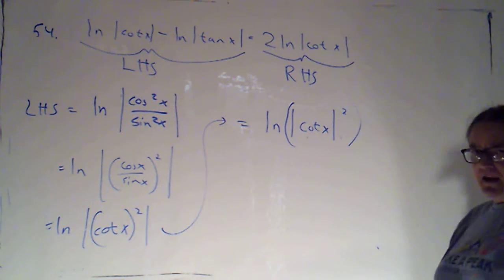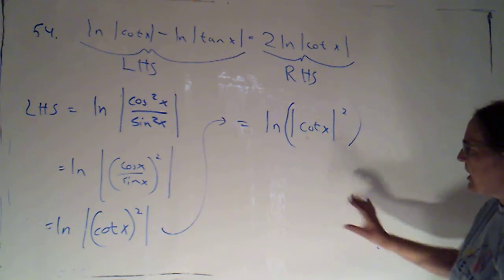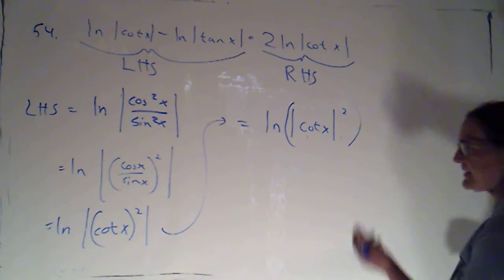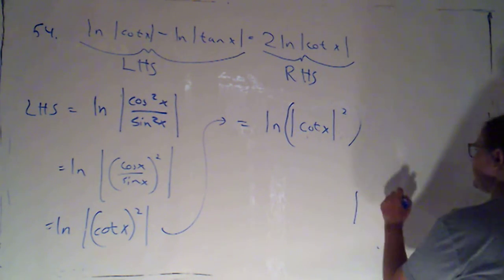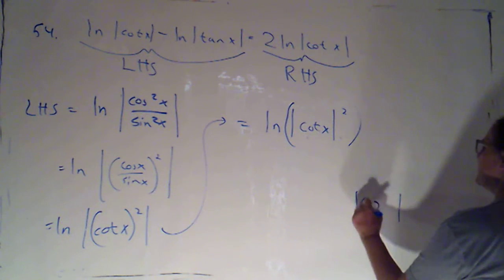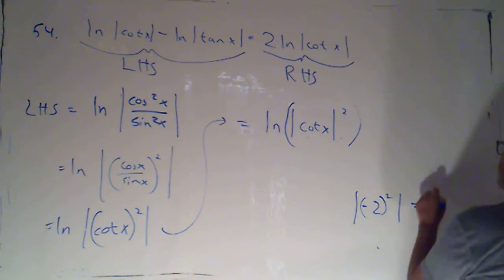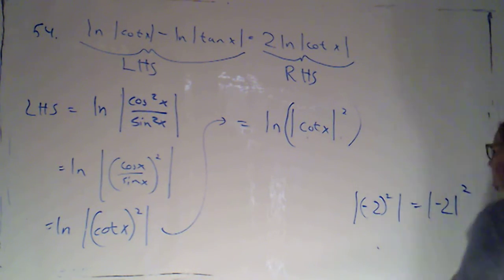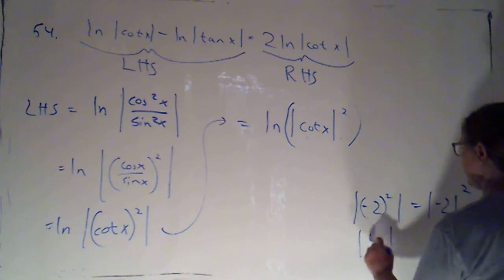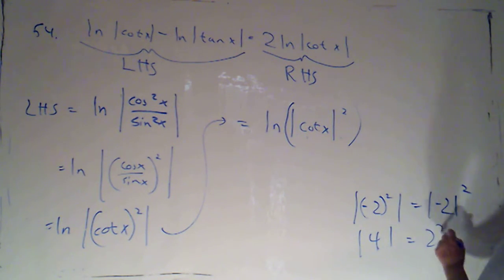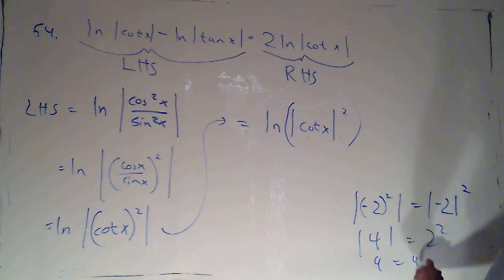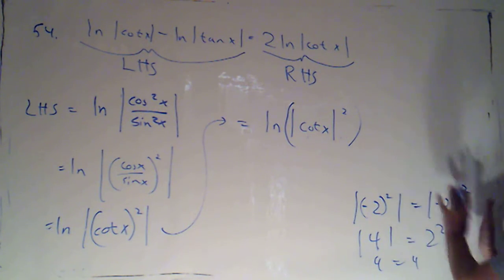Okay. If we just go through some examples, like with a number, if I wanted to take the absolute value of -2 squared, is that the same as the absolute value of -2, squared? Well, this would be the absolute value of 4. This would be 2 squared. 4 is 4. It checks. Okay. Now that's one example.